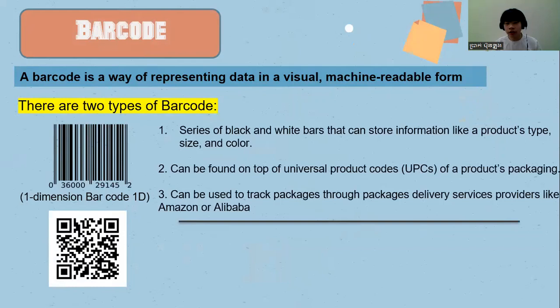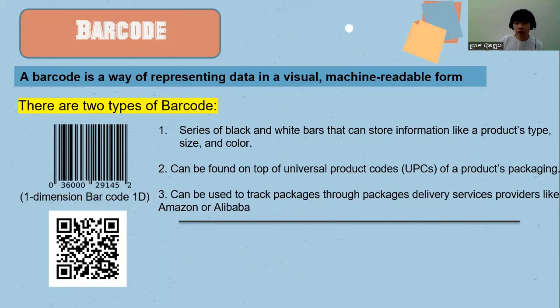It is a series of black and white bars that can store information like the product type, size, and color. It can be found on top of the Universal Product Code, also known as the UPC, of a product packaging.